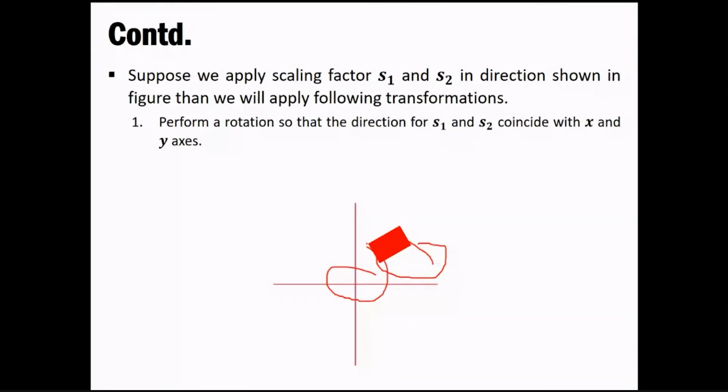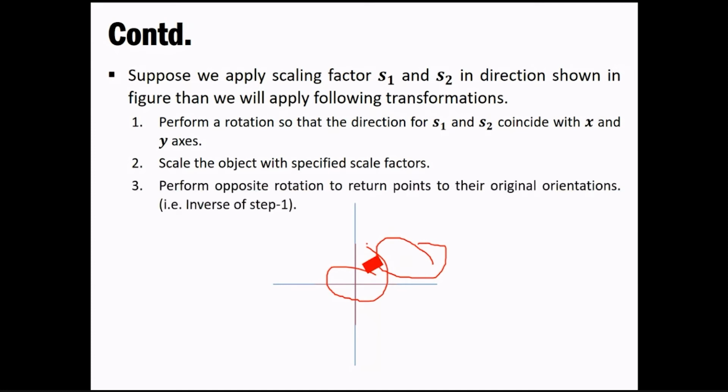For the rotation, obviously you need to apply that cos and sin theta. Once you do this, you scale that thing with the origin, so you apply the scaling parameters to the pixels you have in your hand. But you want that scaling to be performed in that direction only, so you cannot leave it over here.